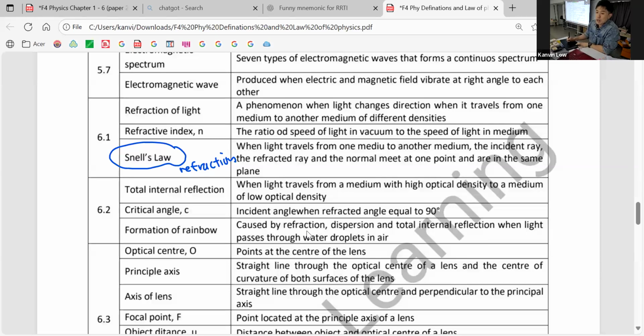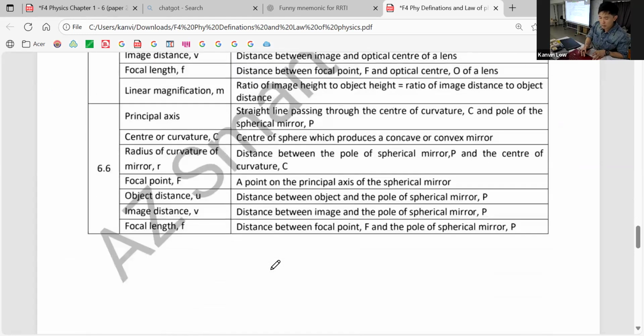Because they may ask you to calculate n, the refractive index. You forget what is refractive index? Remember, n equals sine i over sine r. We did these questions a lot in the class. I hope you guys remember. V over U, total internal reflection, everything is here, everyone.